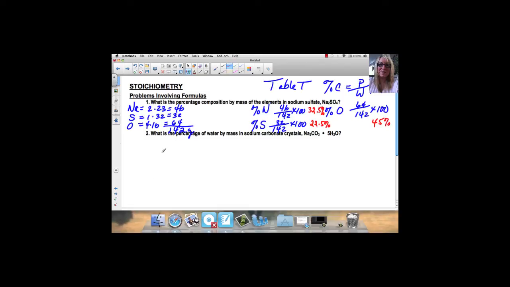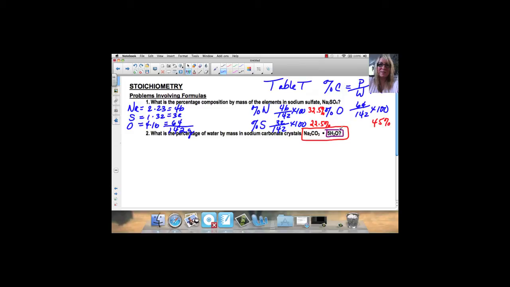The next one's a little tricky because they're asking you for the percentage of water by mass in sodium carbonate. The whole formula is sodium carbonate pentahydrate. That's the whole formula. Your part is the 5 waters.